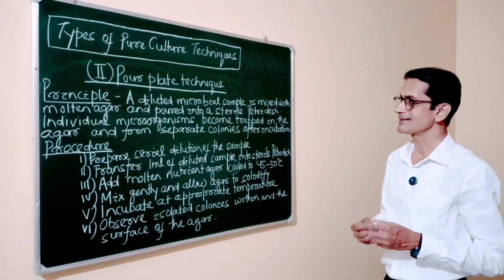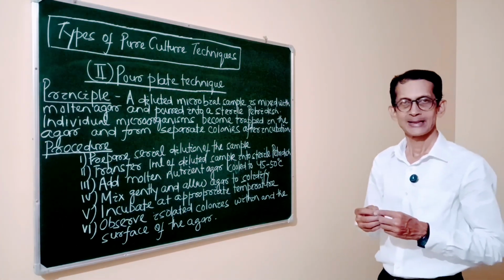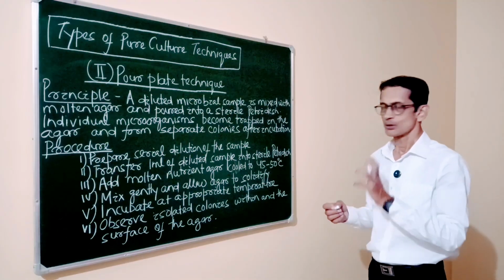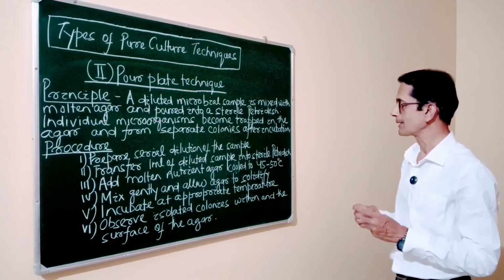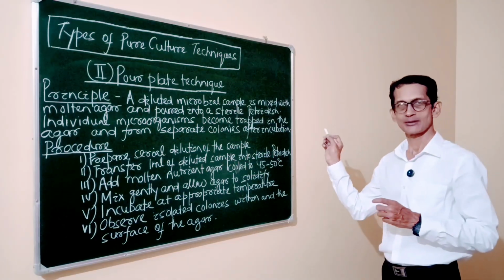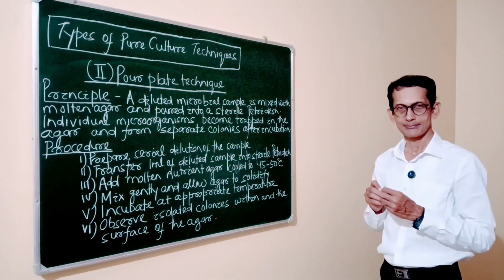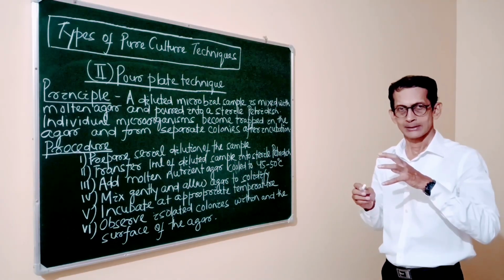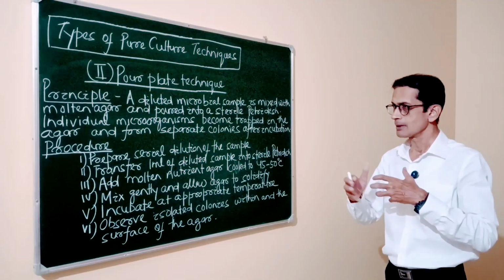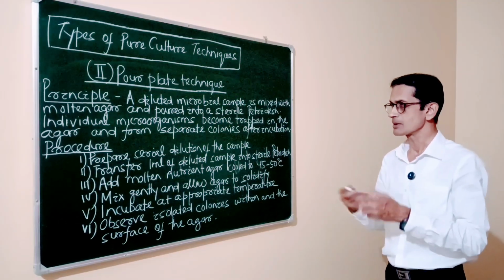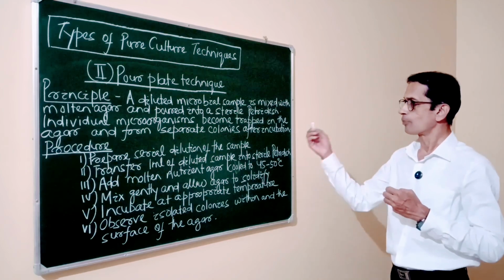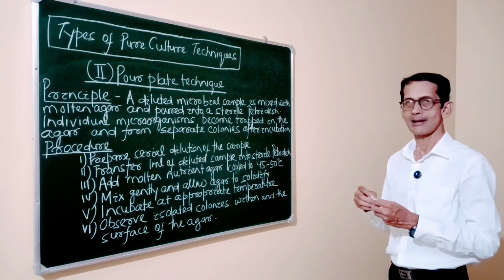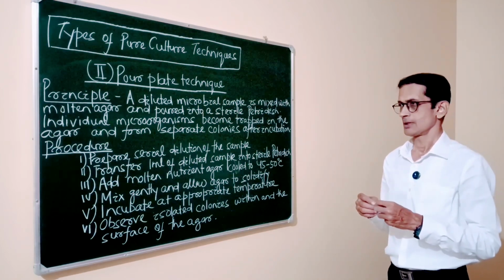So the next technique is pour plate technique. So the principle: a diluted microbial sample is mixed with molten agar, means agar will be melted and after that it will be used. That molten agar is poured into a sterile petri dish.